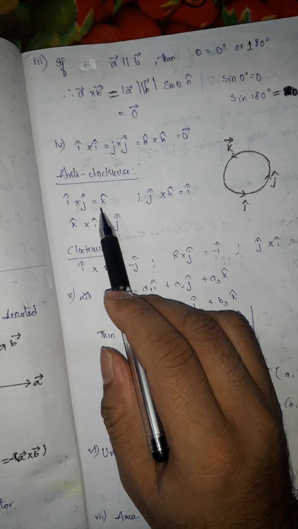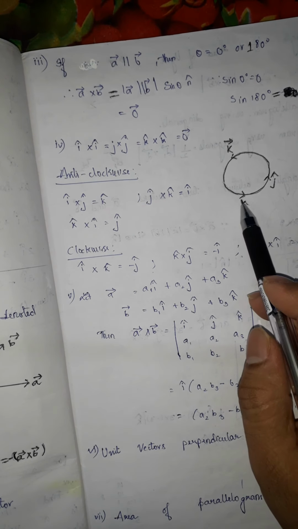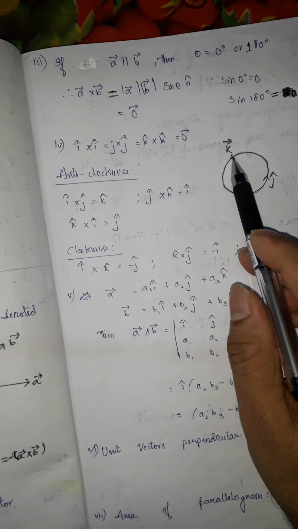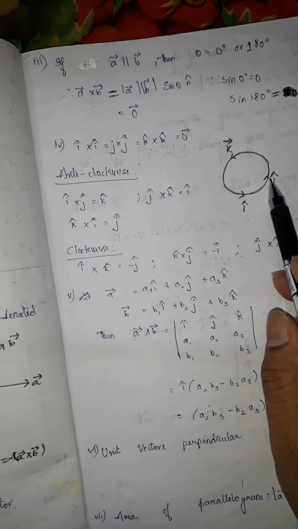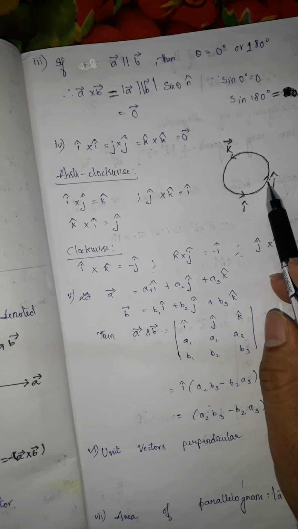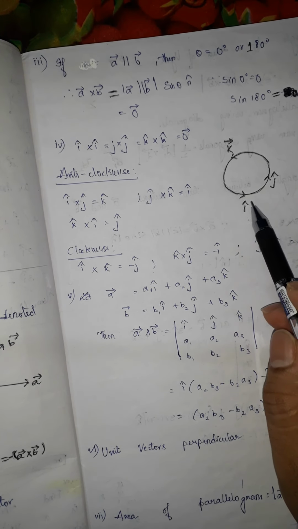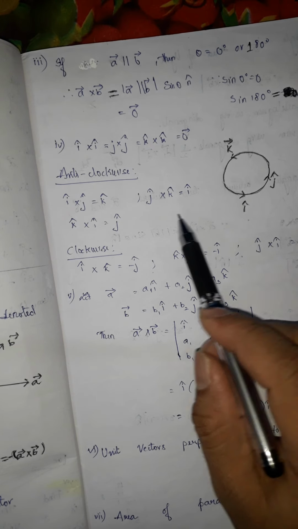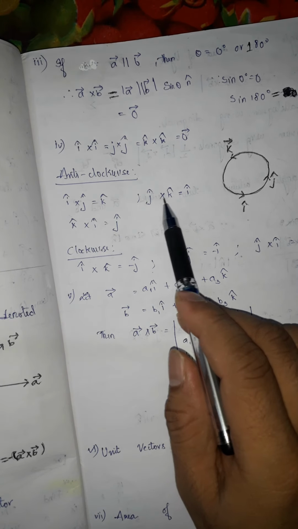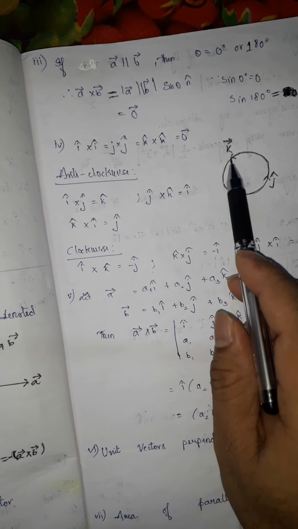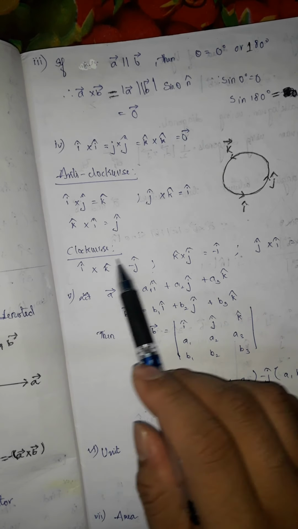So i cross j equal to k, j cross k equal to i, and k cross i equal to j.